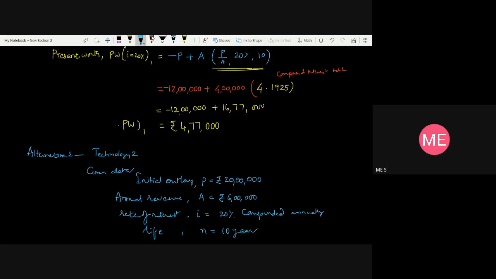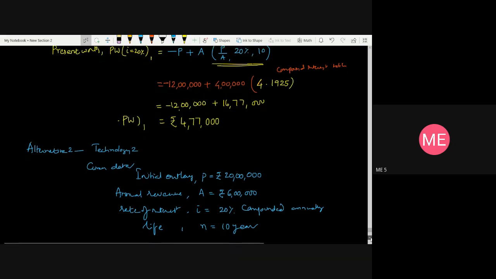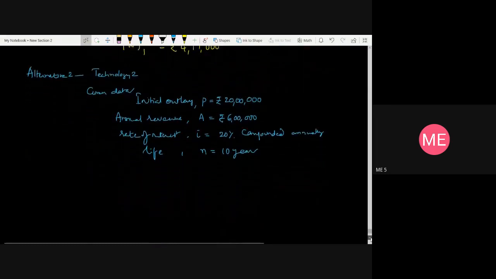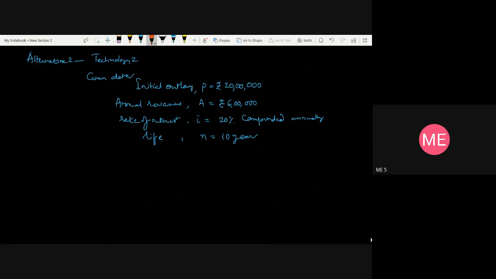We need to find the present worth for alternative 2. Based on this given data for technology 2, I'm going to draw the cash flow diagram first. The initial expenditure at time 0 is 20 lakhs.